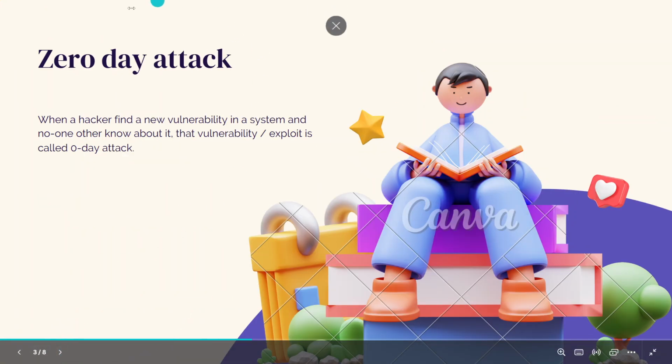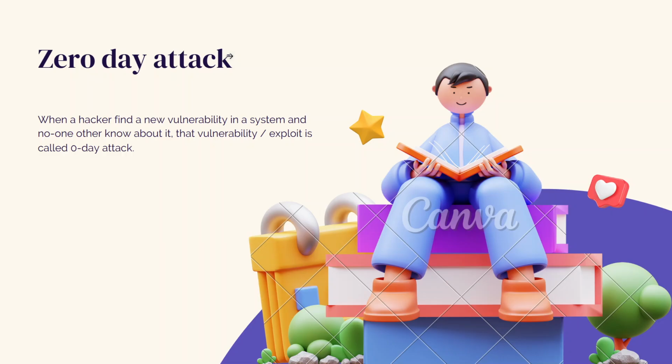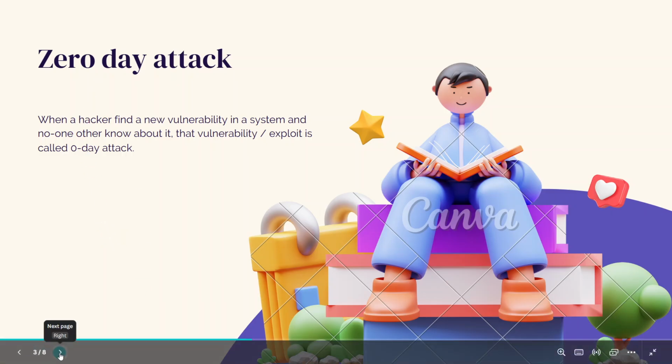Now, what is a zero-day attack? When an attacker or a hacker finds a new vulnerability in a system and no one else knows about it, that vulnerability is known as a zero-day exploit. We can say zero-day attack.